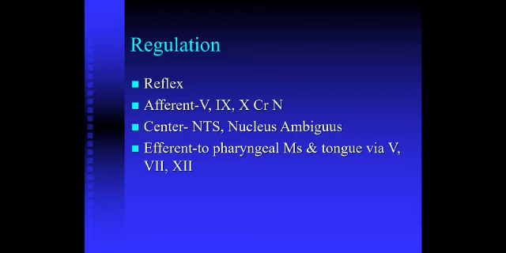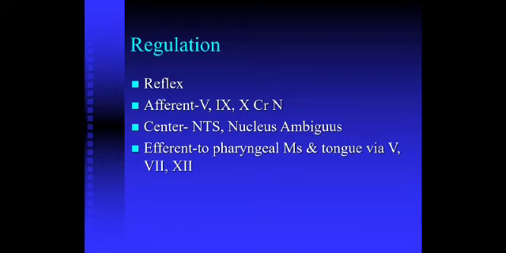The information is processed here along with the nucleus ambiguus, and the information comes out of the central nervous system, that is from the medulla, to the pharyngeal muscles and tongue via the fifth, the trigeminal, the seventh, the facial nerve, and the 12th, the hypoglossal cranial nerves.